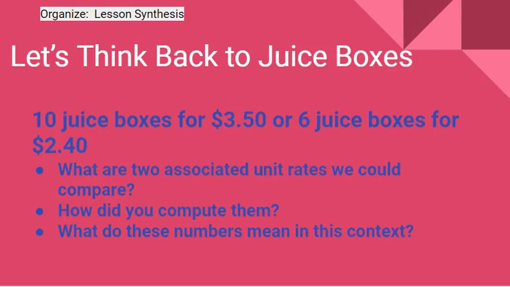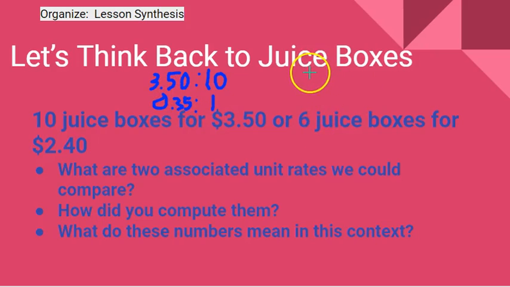So for the 10 boxes for $3.50, you start off with $3.50 for the 10, but you want to get down to that per 1 rate, right? Well, you're going to divide both parts by 10, right? So this now becomes 35 cents for each box.